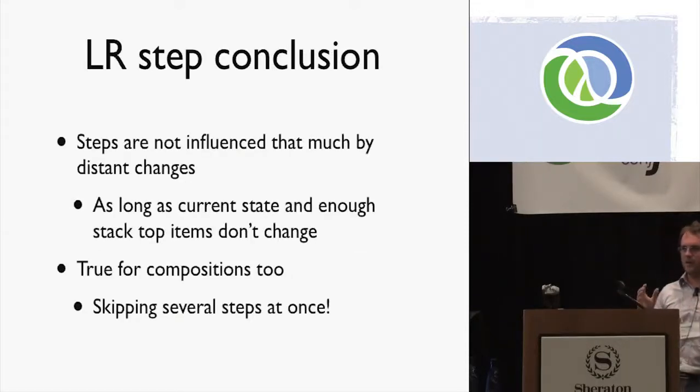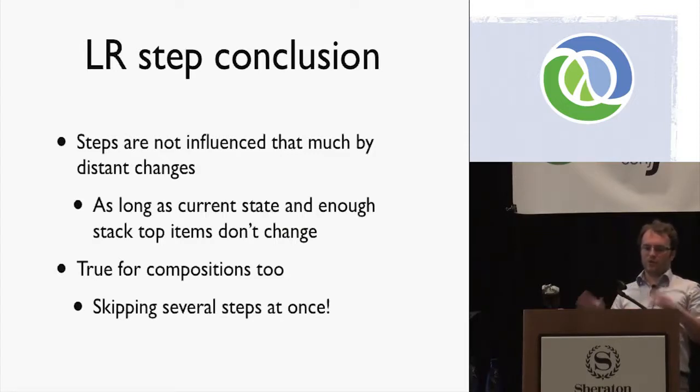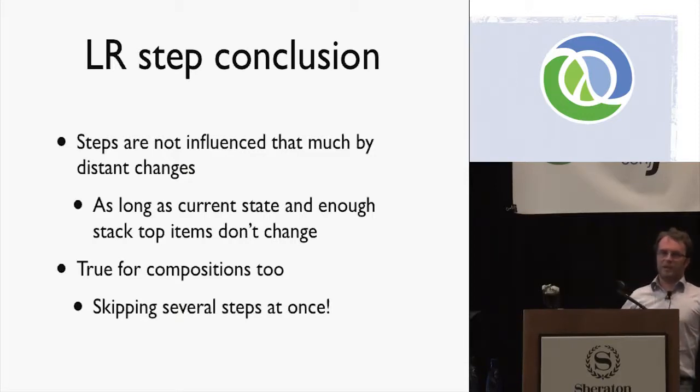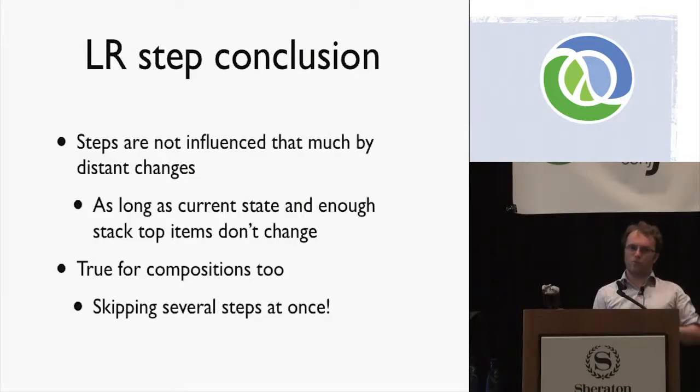So it means that we are able to predict what a step is going to do only by judging the values at the top of the stack. As long as those values don't change, we don't care about what's below in the stack. And this property holds true for composition of steps, which means that even if you are replaying 100 steps, as long as the values you need at the top of the stack don't change, you don't care about what's below.